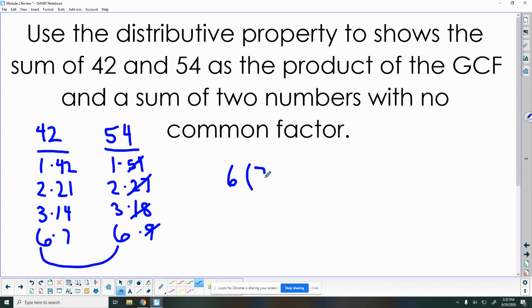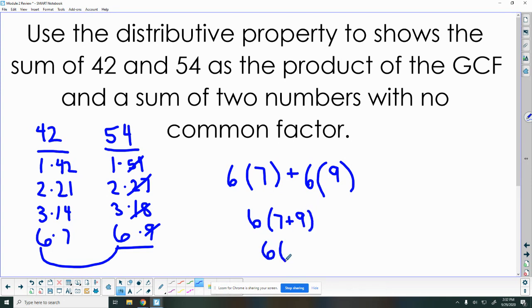Oh, took it all away when I undid that. So pull out my 6 again. 6 times 9 is 54. So I match up my 6. And I'm going to add what's in the parentheses, 7 plus 9. And to finish, 6 times 16 would be my final answer here.